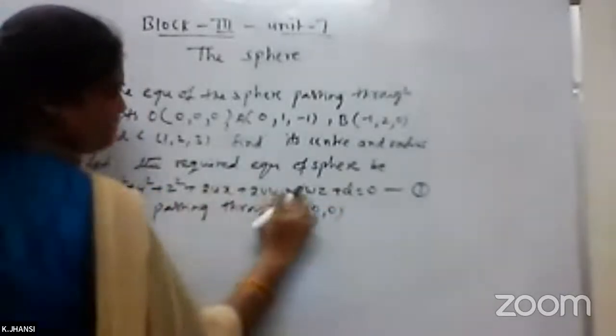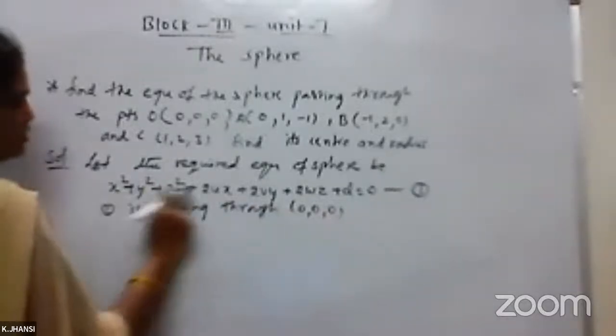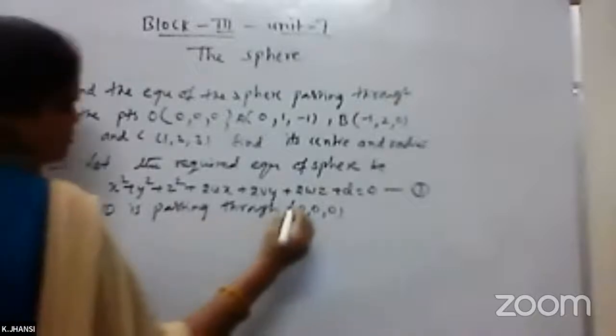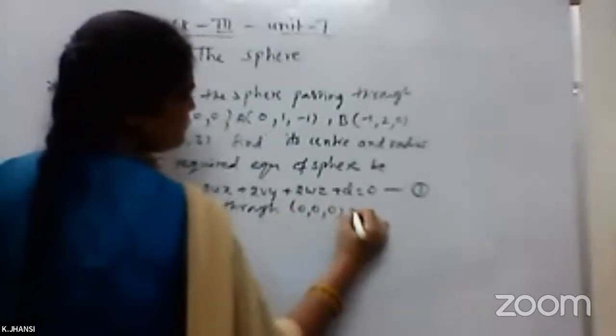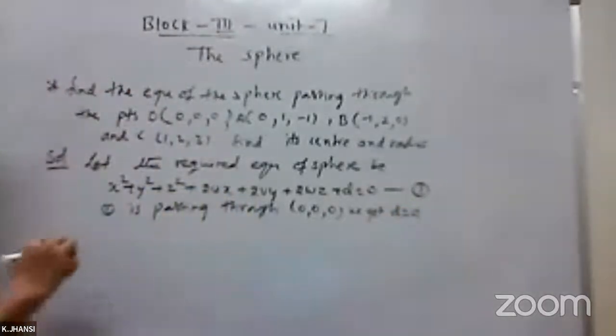These whole values will become 0, since x, y, z are 0, 0, 0. So you will get d equals to 0.